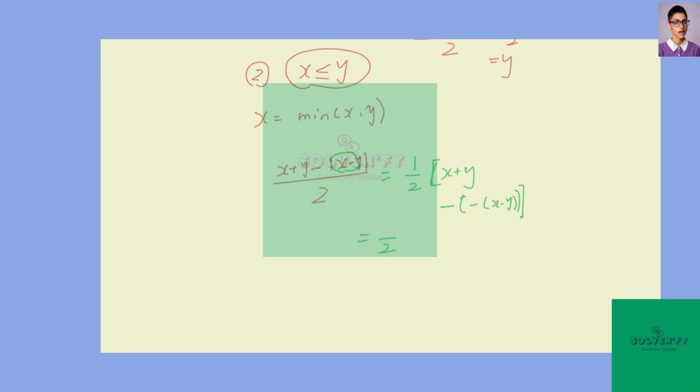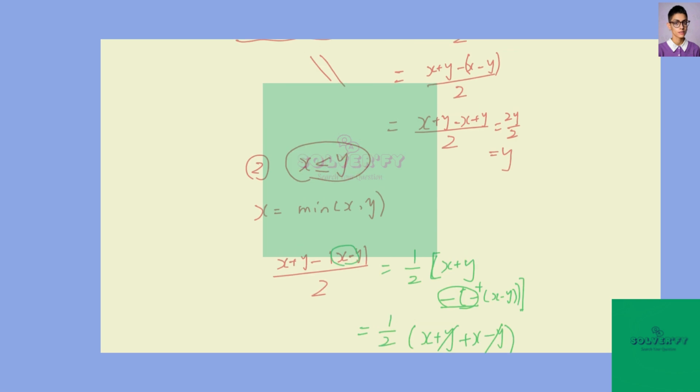Then it will be equal to 1 over 2, x plus y plus x minus y, right? Because, as we have two minus signs, this will be just equal to plus. And so all the common ones will have x.